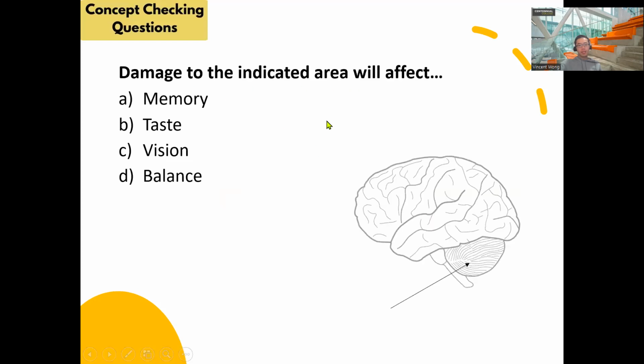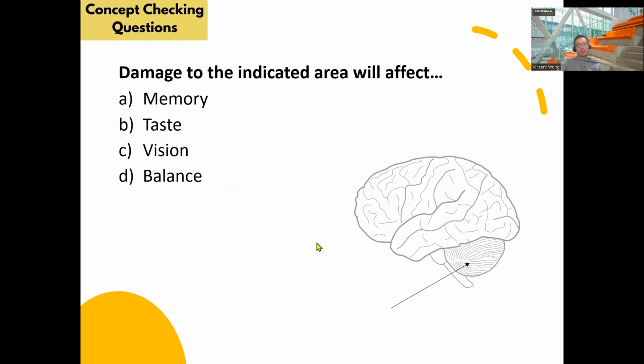And damage to the cerebellum will affect what? So you will get some of these questions like on the test later on, right? Like with just a brain, and I point to certain parts and then I ask you, what happens if this is damaged?